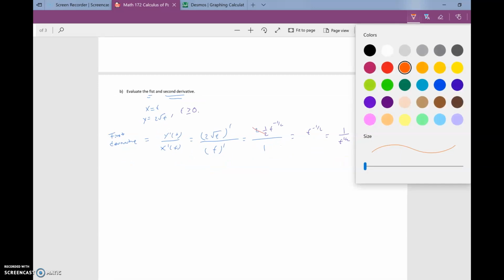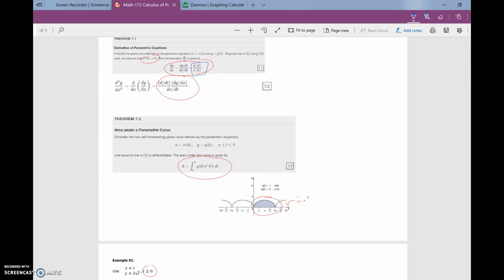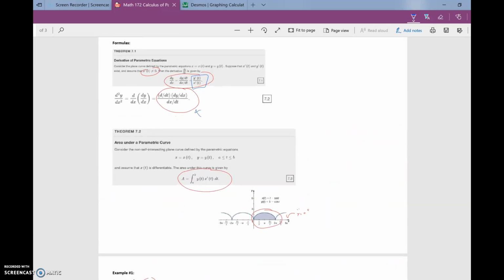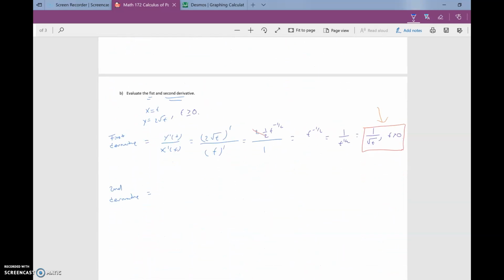Let's talk about the second derivative. The actual formula is a little bit of a mess. I'm just going to copy that formula. For the second derivative, it's d dt of dy dx, our previous solution, and this happens to be that portion.